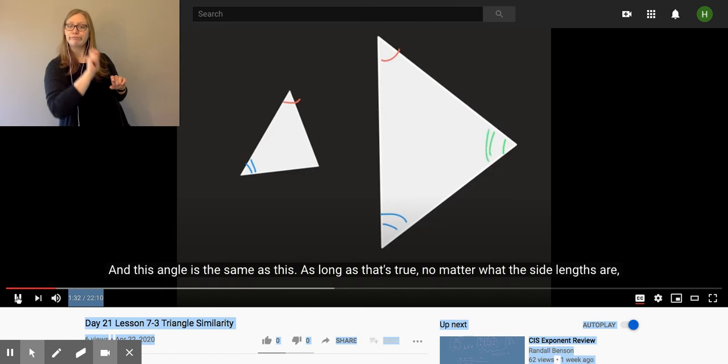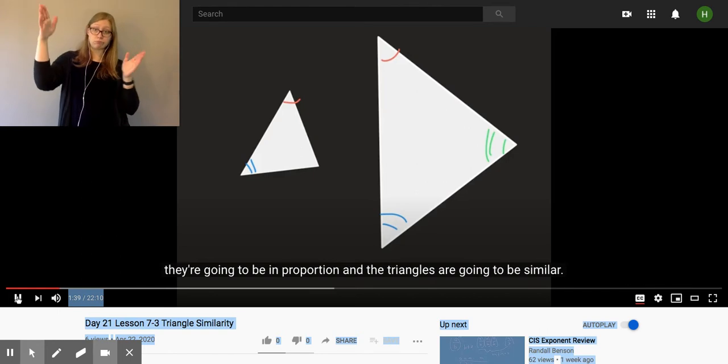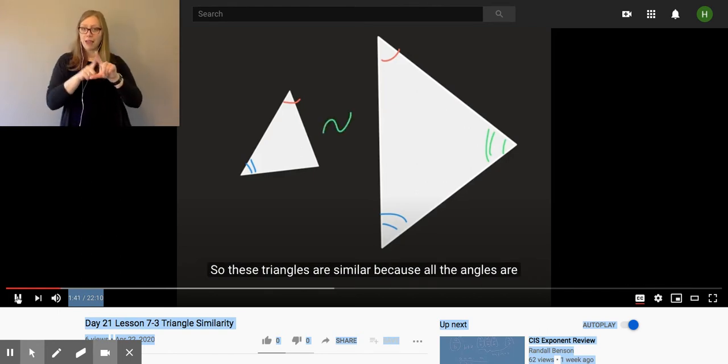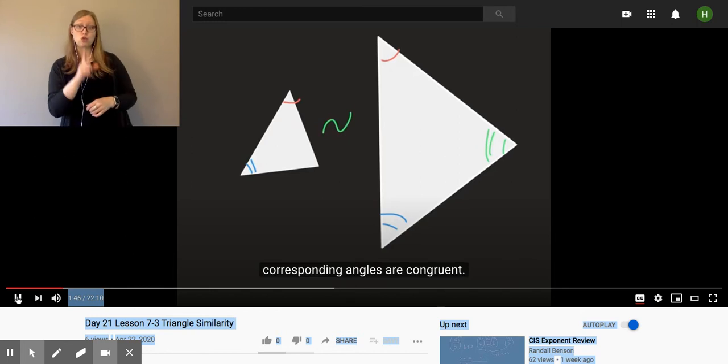As long as that's true, no matter what the side lengths are, they're going to be in proportion, and the triangles are going to be similar. So these triangles are similar because the corresponding angles are congruent.